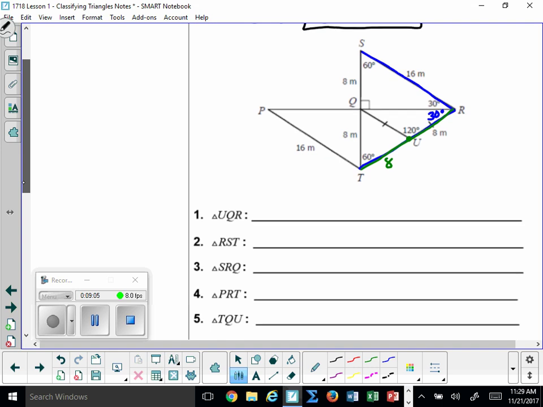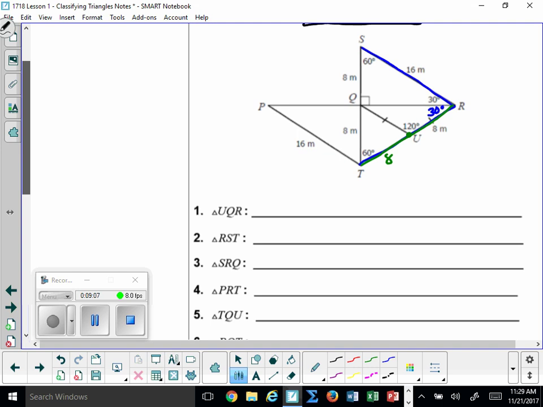Now let's take a closer look at this diagram before we dive in. Let's start at the top right. I've got a right triangle, 30 degrees, 60 degrees, a leg that's 8, a hypotenuse that's 16. I've got a leg I don't know the length of, but I can use the Pythagorean theorem to figure it out. So let's see, 8 squared plus x squared will equal 16 squared.